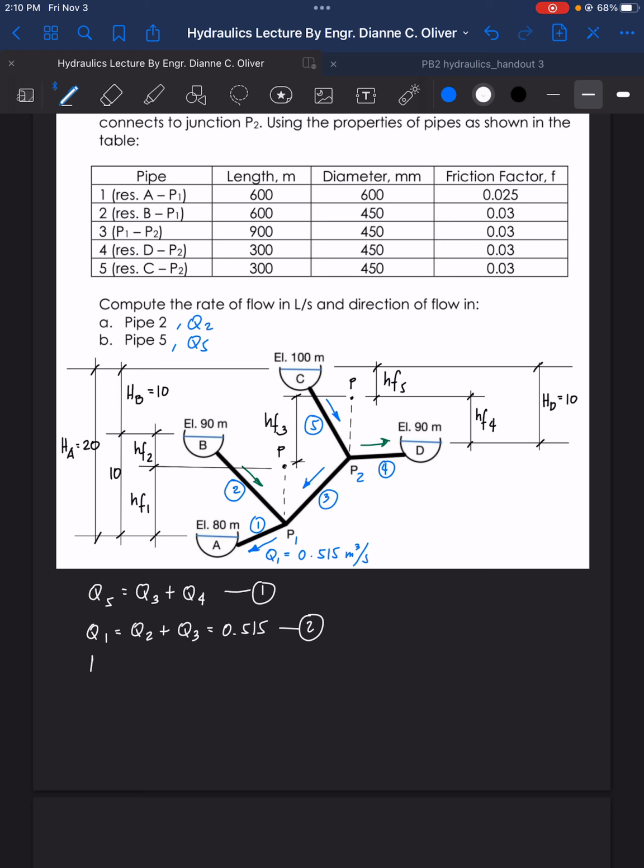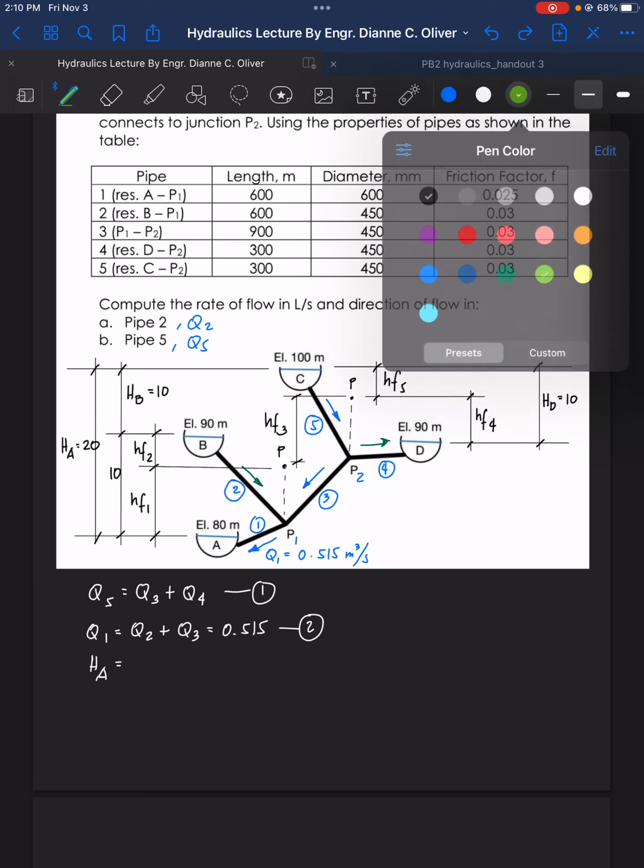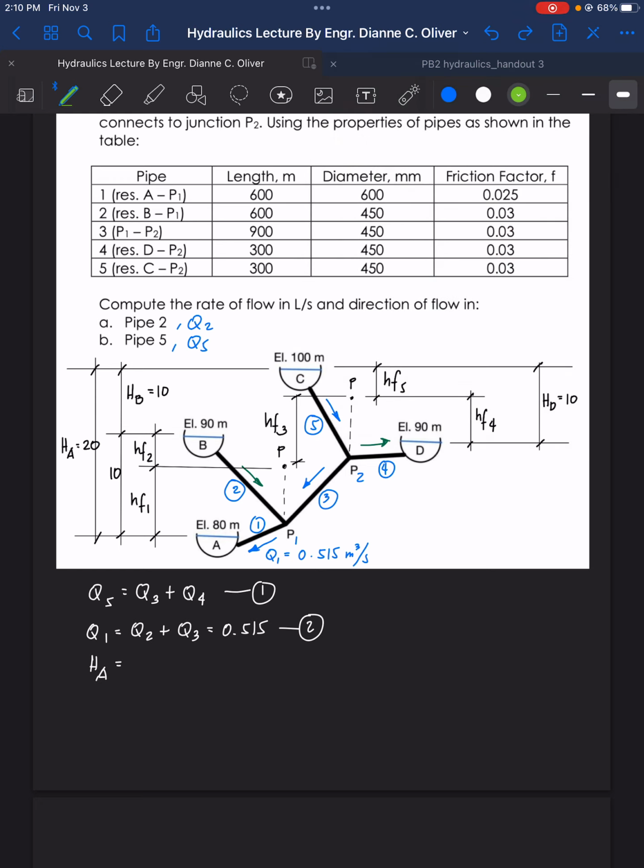Next, let's go to HA. HA is equal to 20 here, and HA is equal to HF1 plus HF2.